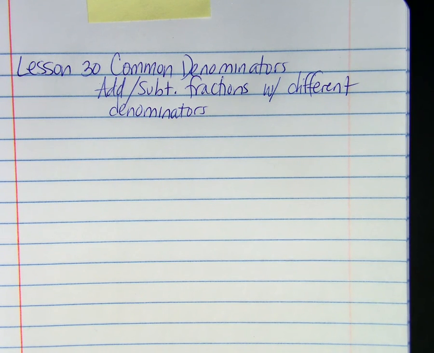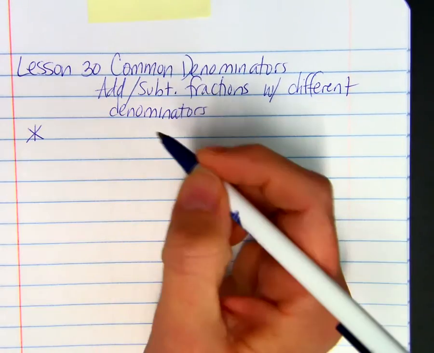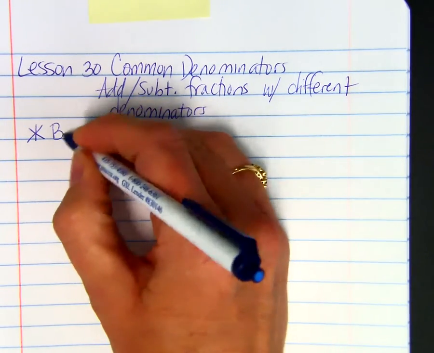This is key when we're working with fractions and adding and subtracting. So we'll put a star there to remind us this is very important.